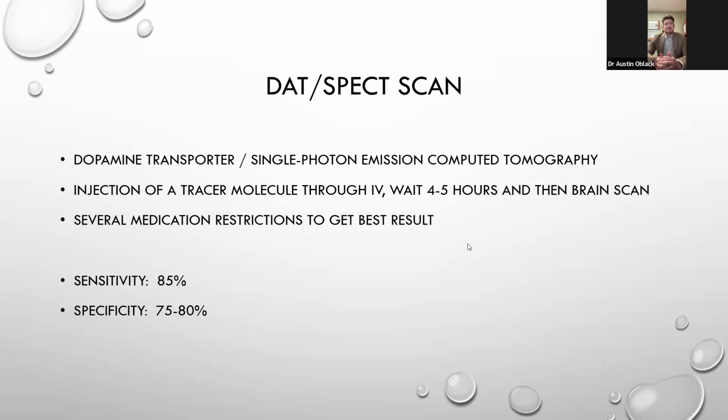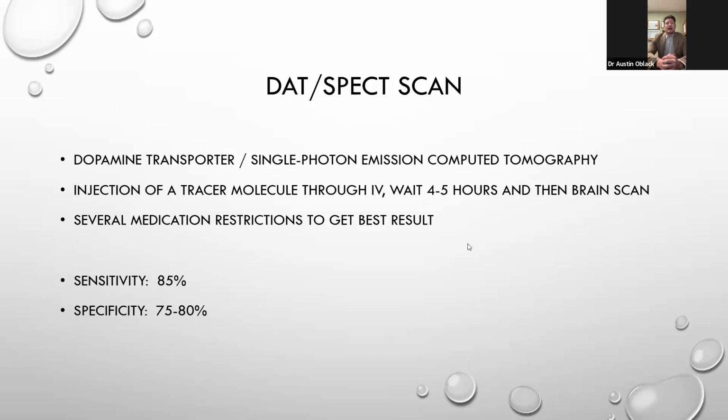Another limiting factor with this is a lot of different medications can interfere with the results of the test. And so, it's important to always discuss medications with the provider that's going to be ordering this test because a lot of different medications need to be held for up to 2 to 3 weeks before the scan is done so that it doesn't interfere with the results.